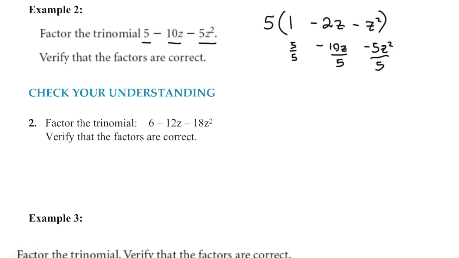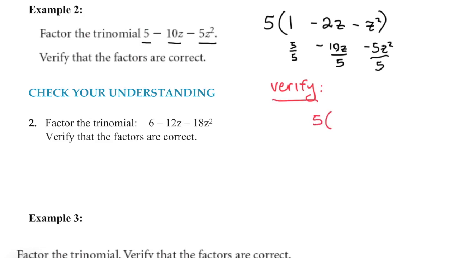Now, how can you check, verify that the factors are correct? Do the opposite process, expand. If you get back to where you started, then you have probably factored correctly. Okay, so if I'm verifying, maybe I'll verify in a different color.